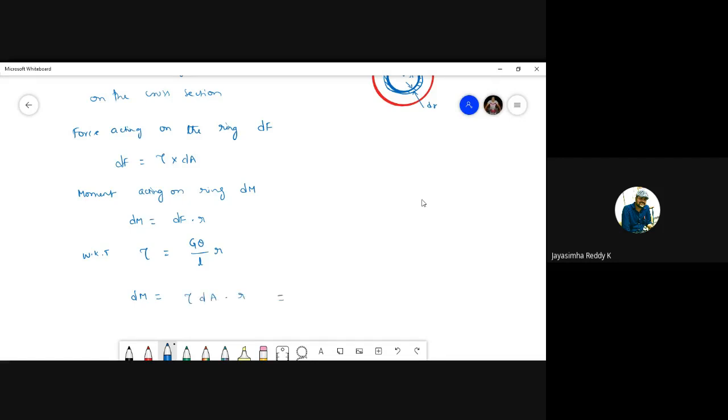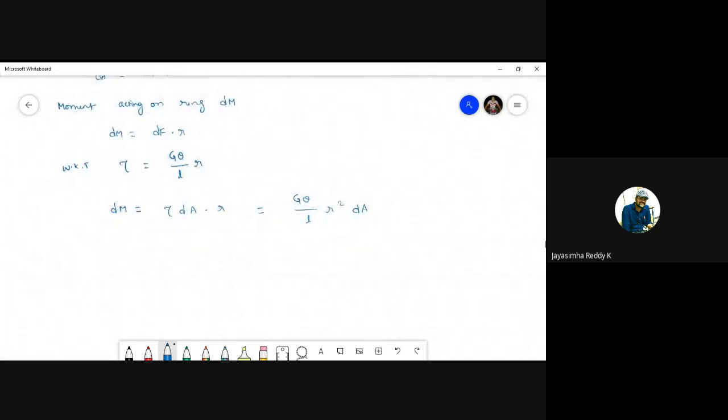So this becomes G theta by L into r square into dA. Okay, this is for dm. dm is the moment of the small strip.